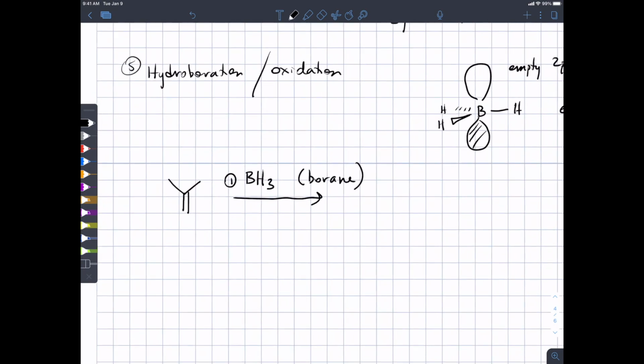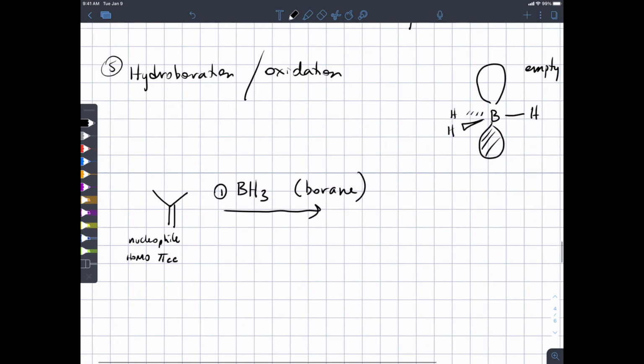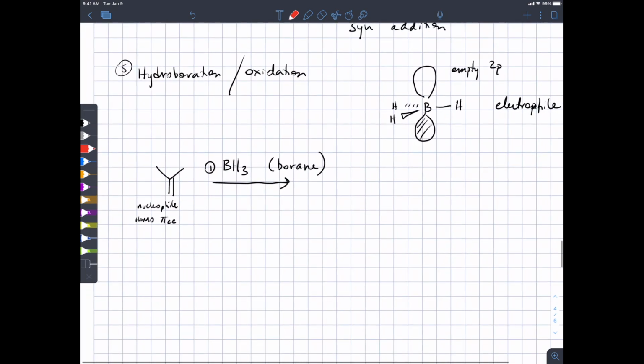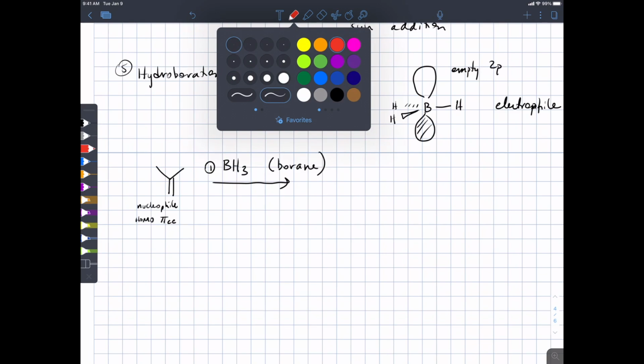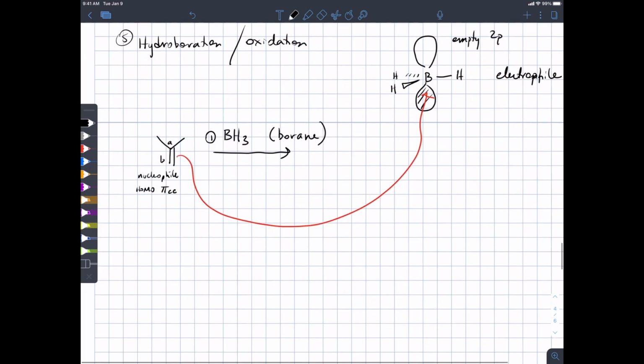And in the first step of this reaction, our nucleophile is the alkene, and the relevant orbital is the carbon-carbon pi orbital. And so the first step of this reaction is HOMO attacks LUMO. Pi bond attacks empty p orbital on boron. Okay? So you might be tempted to draw the mechanism this way. Of my two carbons, A versus B, which do you think should get the new bond to boron?